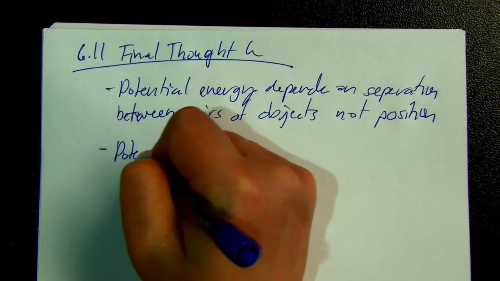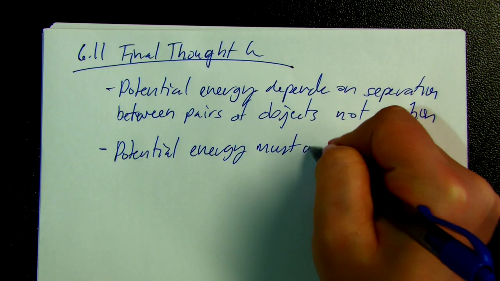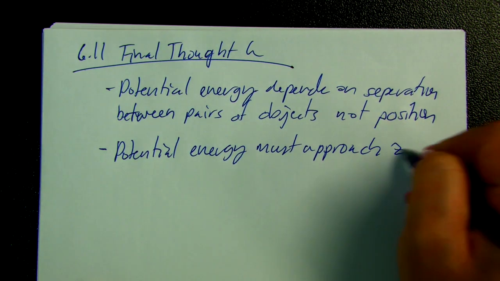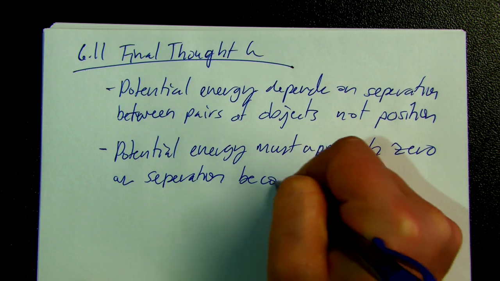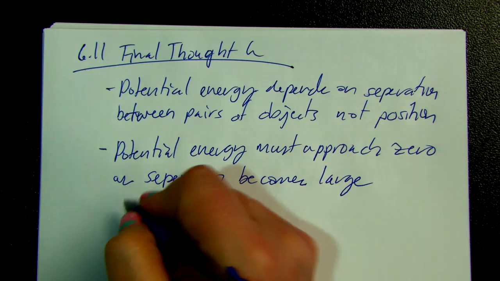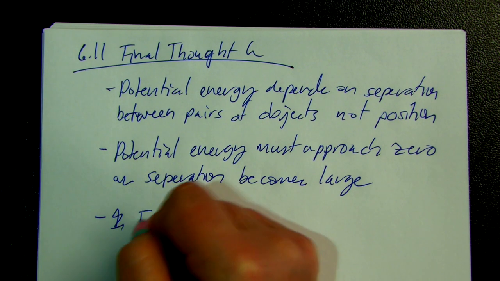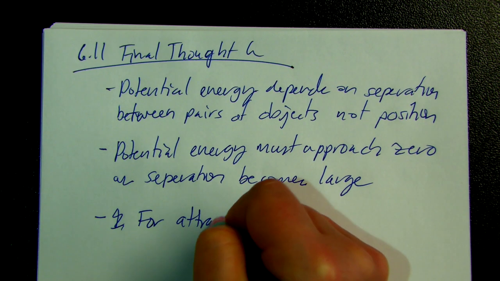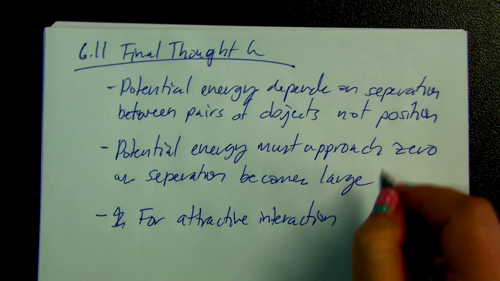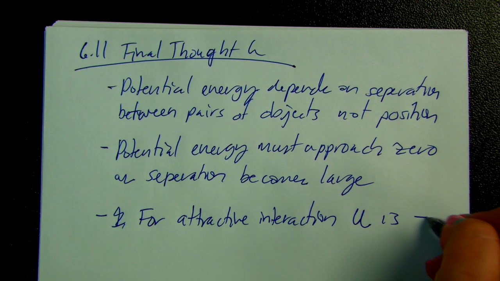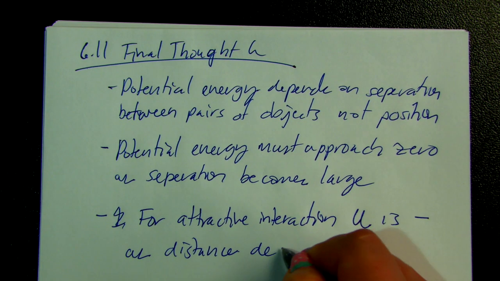Potential energy must approach 0 as separation becomes large. For attractive interactions, so Joey-Tribbiani interactions, the potential is negative as distance decreases.